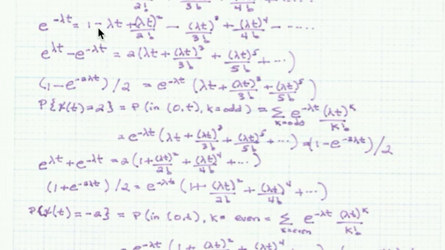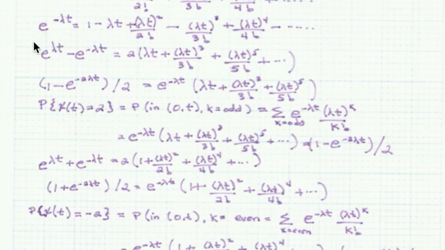So here we have minus lambda t plus the quantity lambda t raised to the 2nd power over 2 factorial minus the quantity lambda t raised to the 3rd power over 3 factorial. So as you can see, we are subtracting the odd points and retaining plus for the even points.